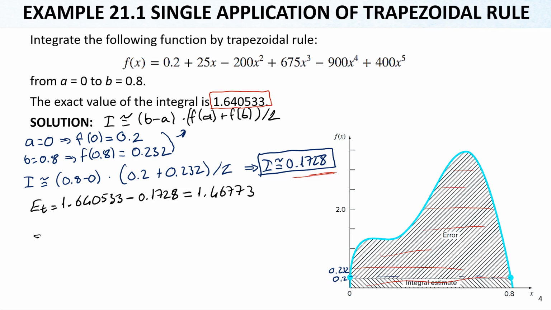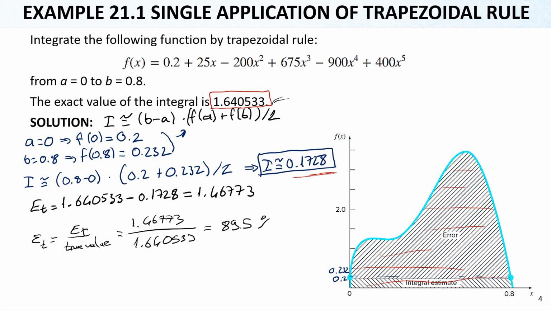And we can also approximate the percentage true error, which is just ET divided by the true value, and that's 1.46773 divided by 1.640533. This is the true value here, and the result is 89.5%. You can see there is a great amount of error, so it's too large. That's why only one single application of trapezoidal rule is not good for this function.